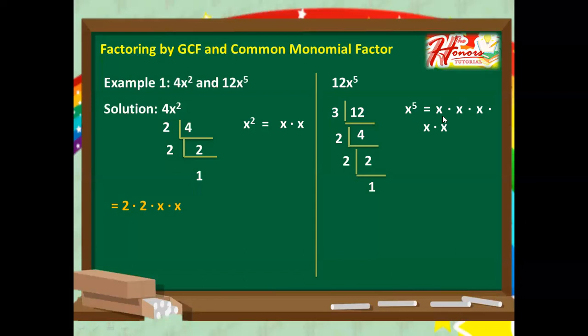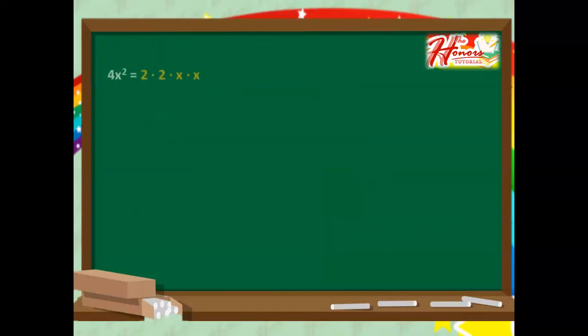So that's why we have here x, x, x, x, and x. 5 x's. So the factors of 12x raised to 5 using the ladder method and the expanded form of the variable is 3 times 2 times 2 times x times x times x times x times x.